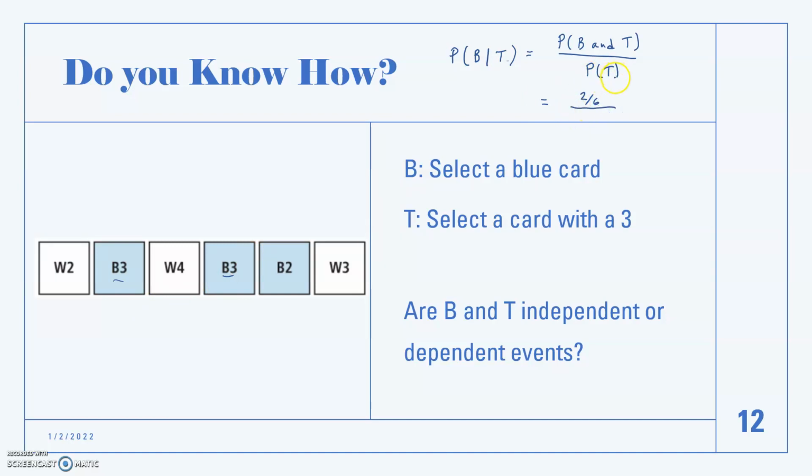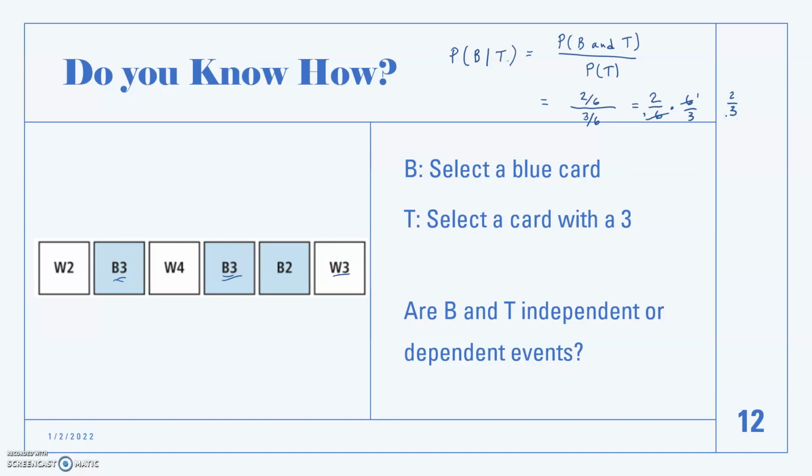And the probability of a 3 would be 3 out of 6 cards. So the probability of blue, given that you've already chosen a card with a 3 on it, would be 2/6 times 6/3. The 6's divide to make 1, so that would be 2/3.